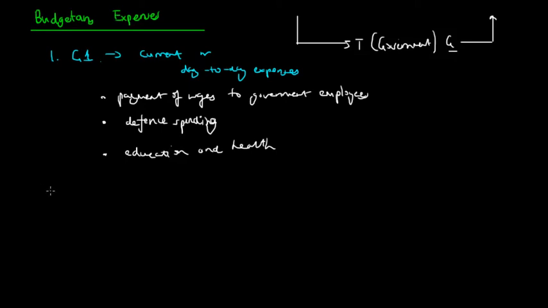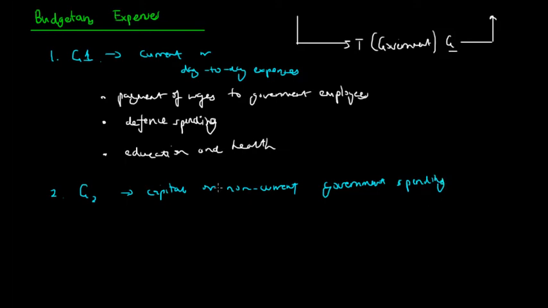Now, secondly, we have what is known as government G2 spending, and this is all capital or non-current government spending or government outlays. And by non-current we mean greater than 1 year that the asset or the expenditure will take place in.